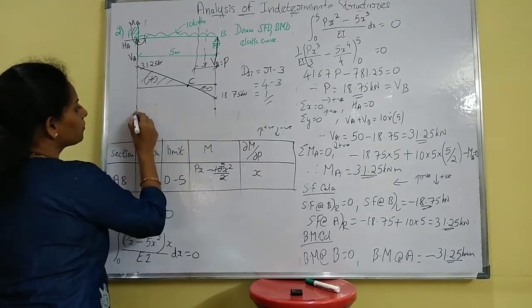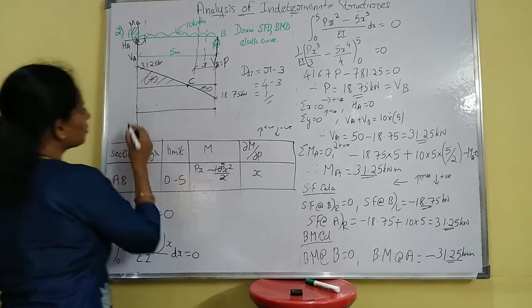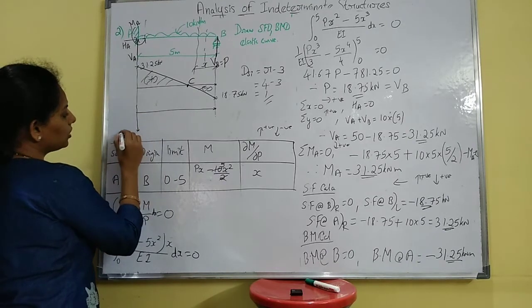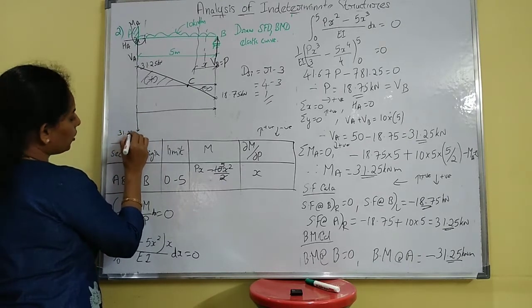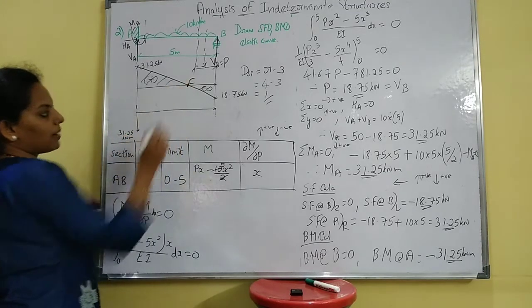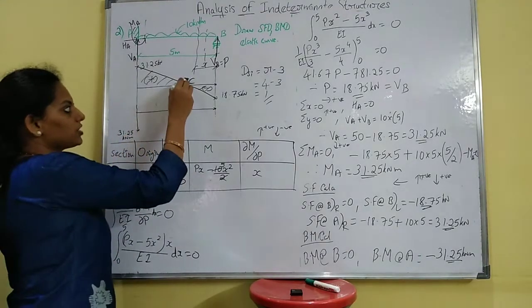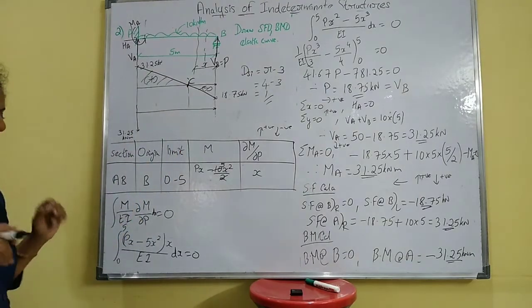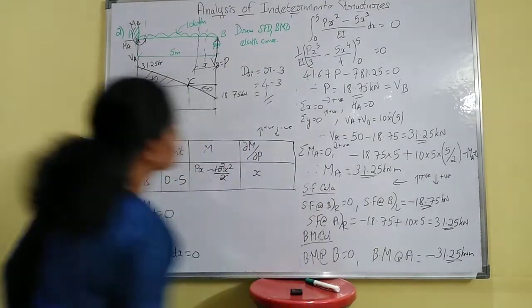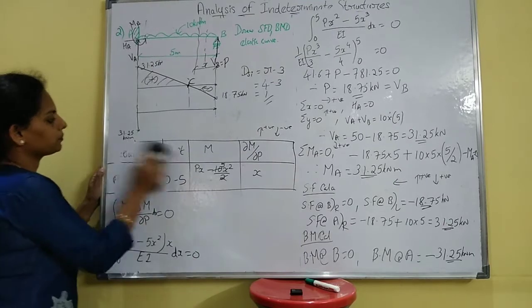Here you have 0 and here you have negative, that is 31.25 kilonewton meter. But at this point you will have maximum bending moment value. So first find out that value. To find out that value, first find out the distance where it is maximum.